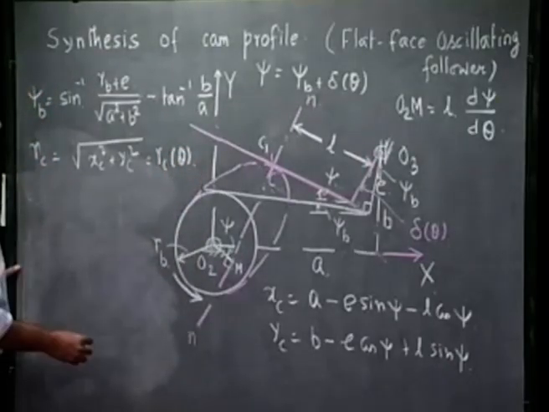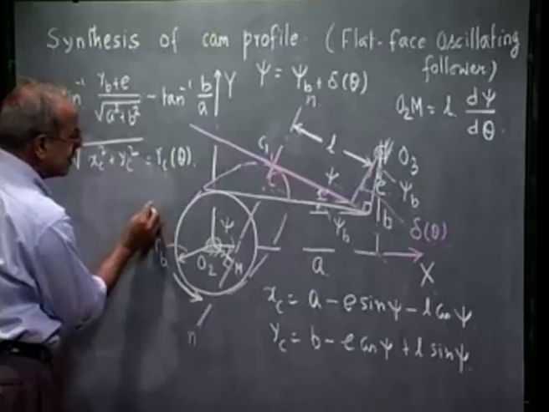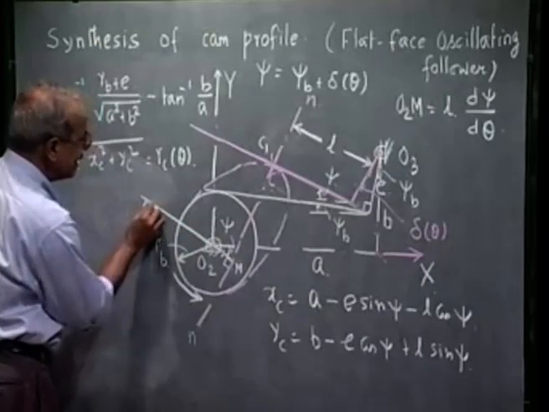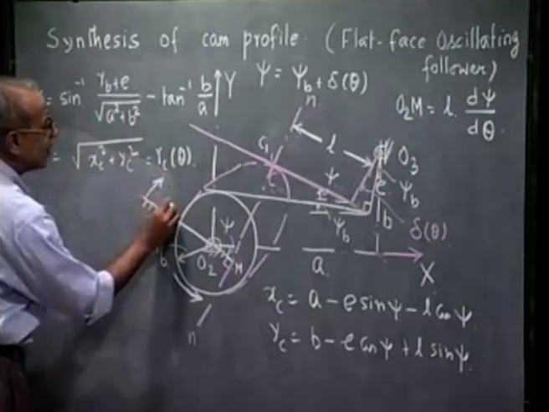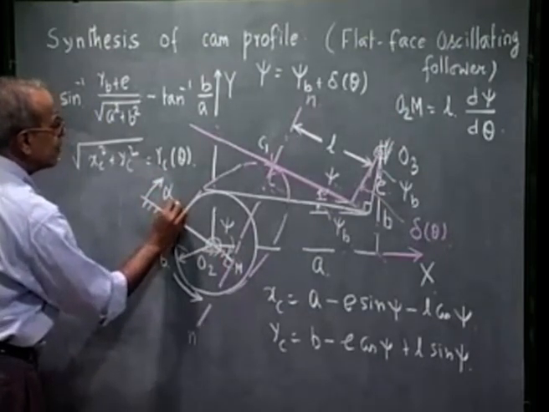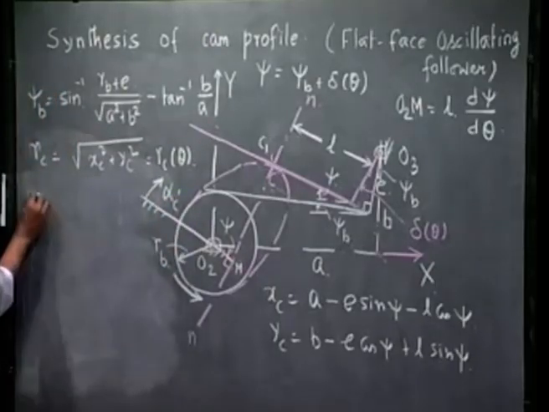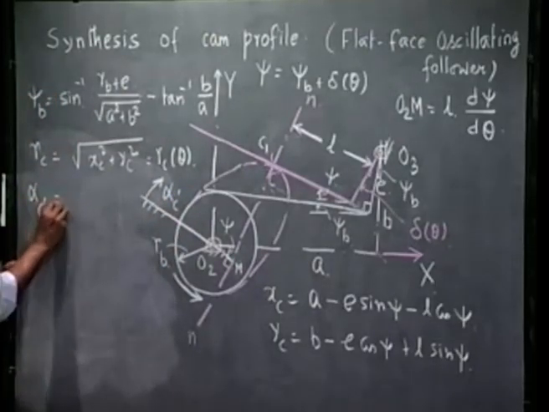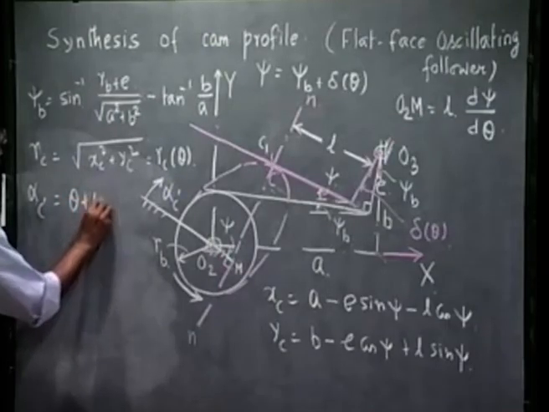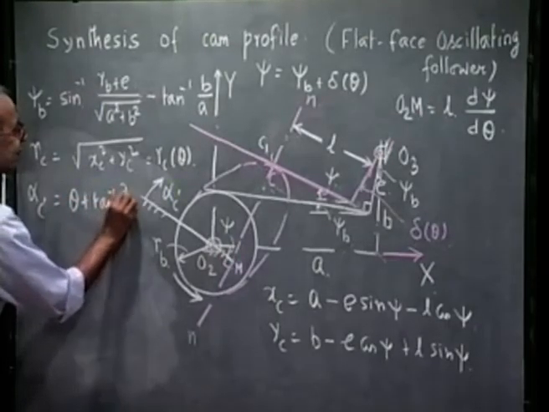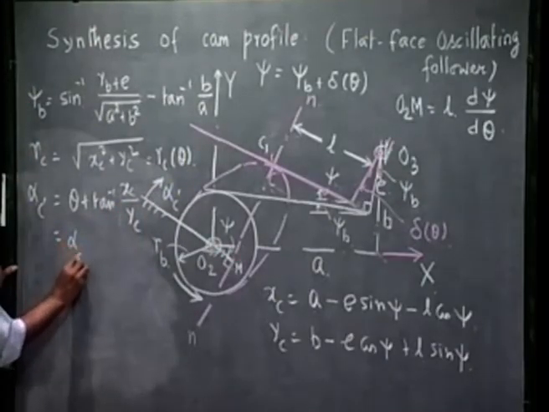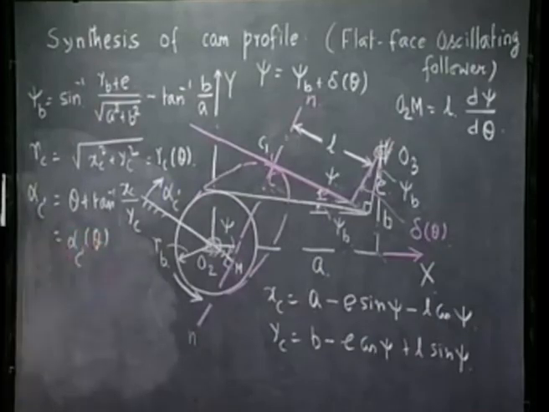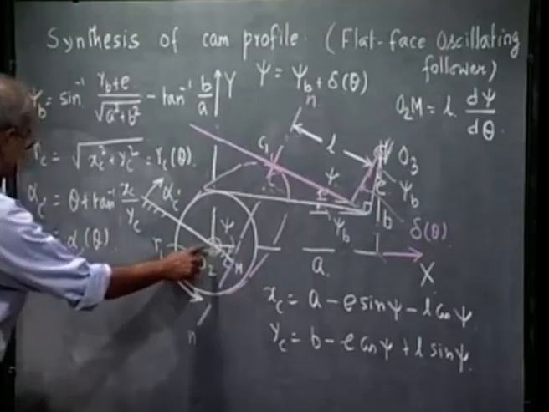As we see, this is a function of theta. And from any line fixed on the cam, if I measure the polar angle from here, if I call it say some alpha c prime, then alpha c prime is theta plus tan inverse xc by yc. So this is also a function of theta. So this is the parametric equation of the cam profile in polar coordinates with the origin here.